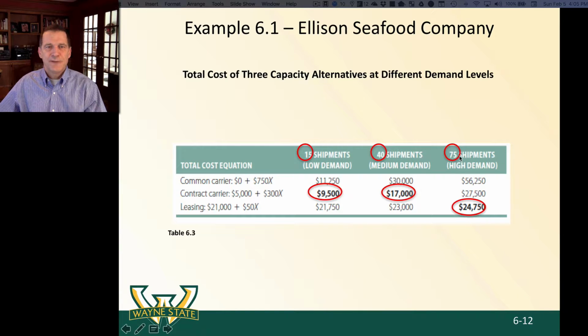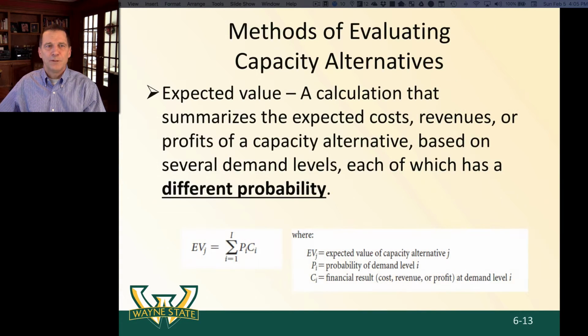If we get to 75 shipments and we can stay there for a long period of time, then we definitely would favor the leasing option overall. So what we can do with those probabilities is reach into this expected value where we can model all 3 of those with the probabilities and the cost structure and hopefully make a good decision.